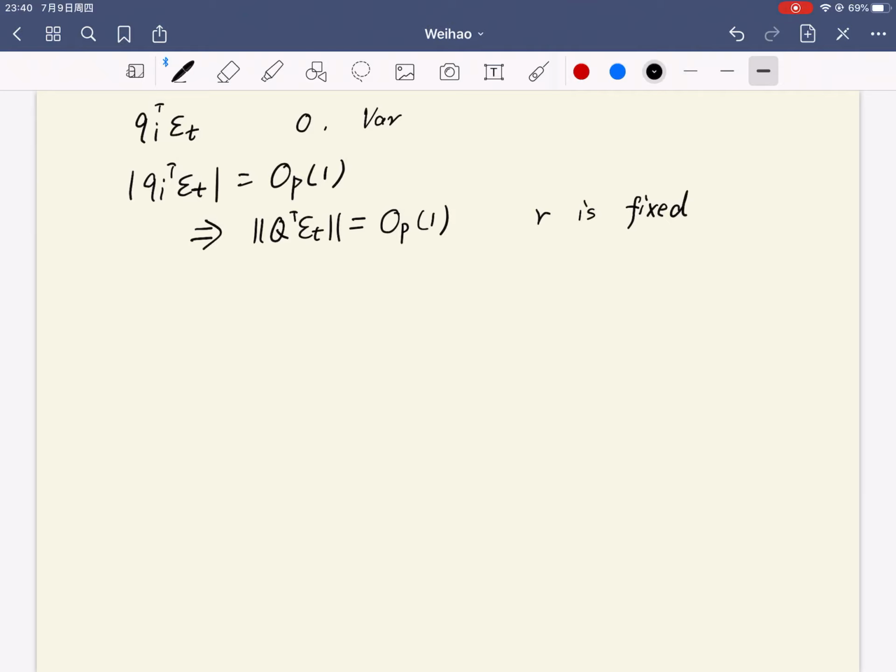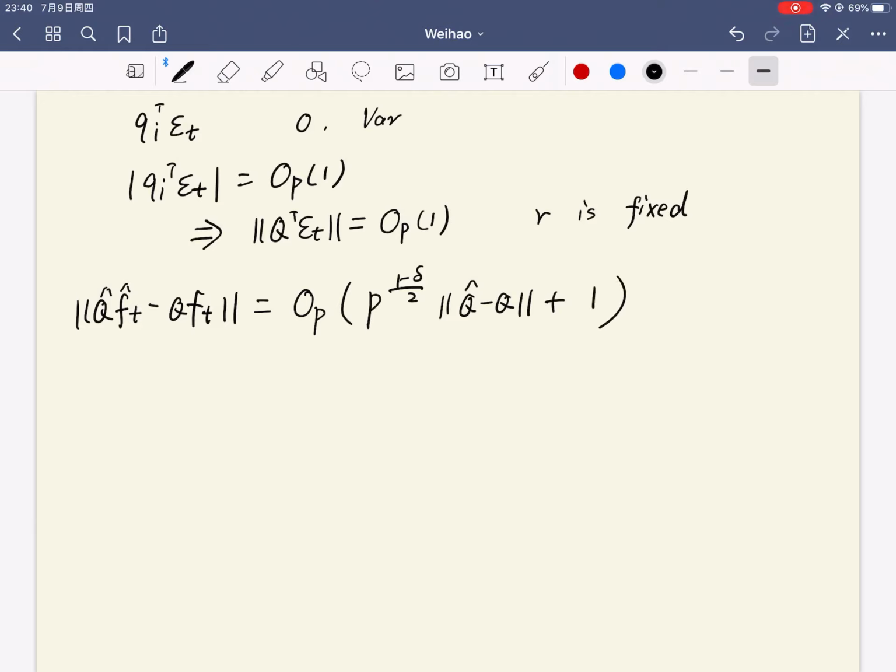Combine these two rates, the perturbation error is of order the following. Then we standardize by the factor square root p.